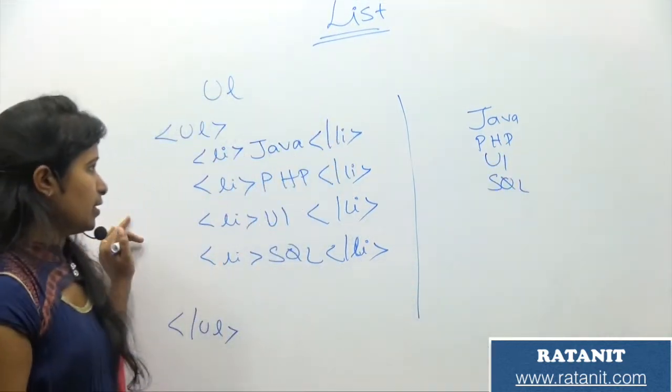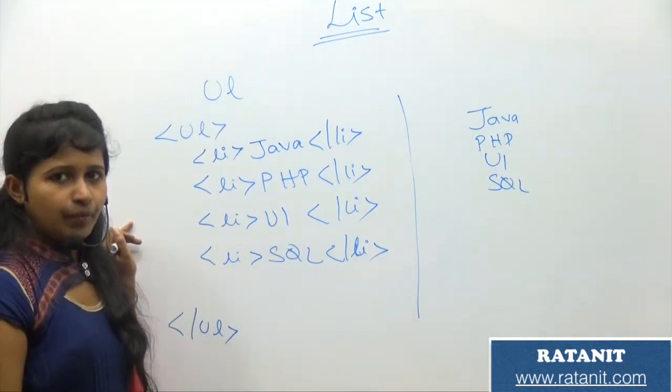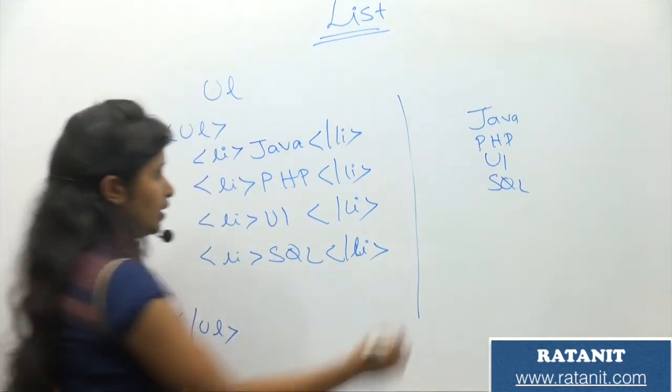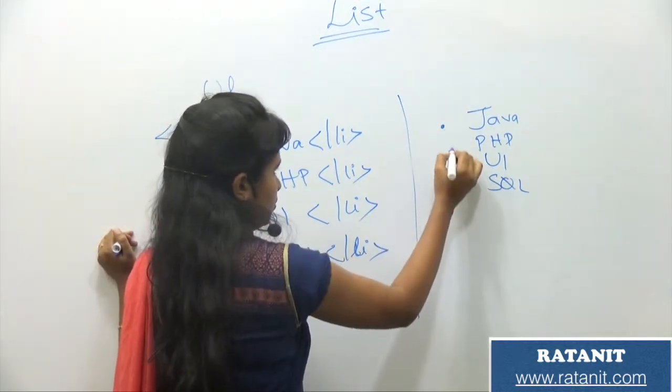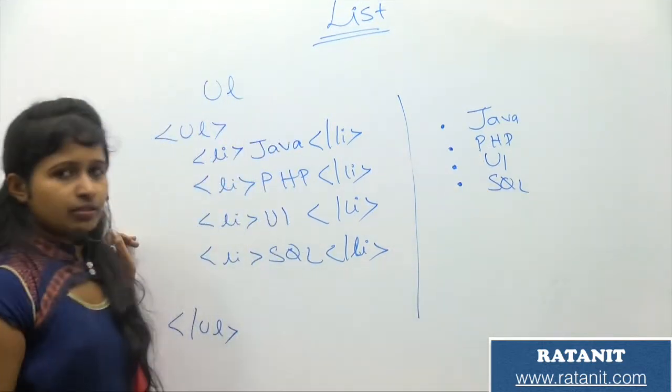This is my list, right? Did I give any type over here? No. So by default, what will unordered list take? Disk as a default. So it will show like this.